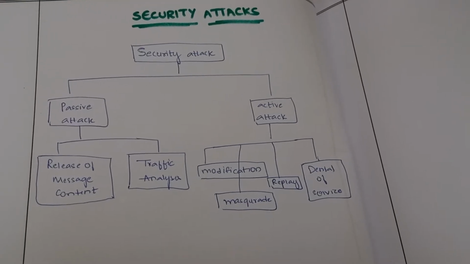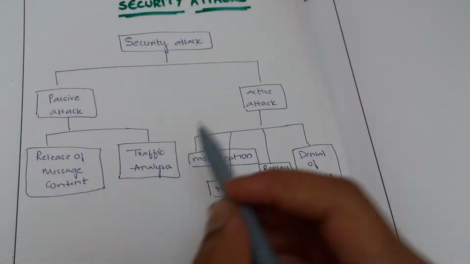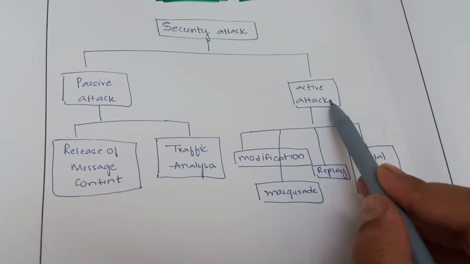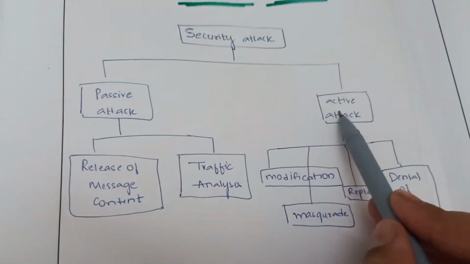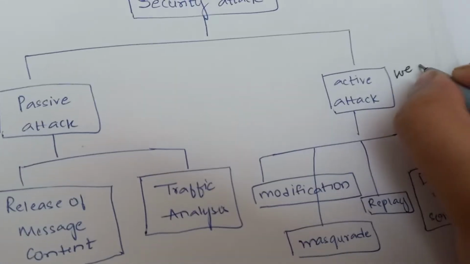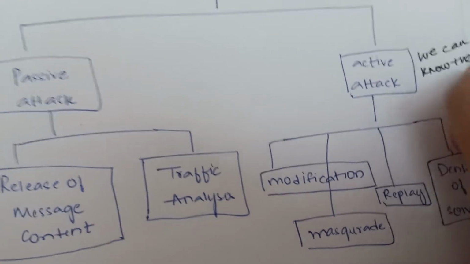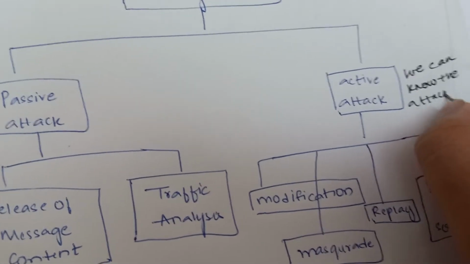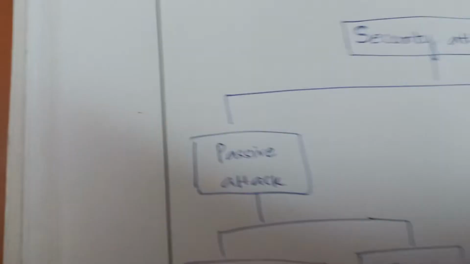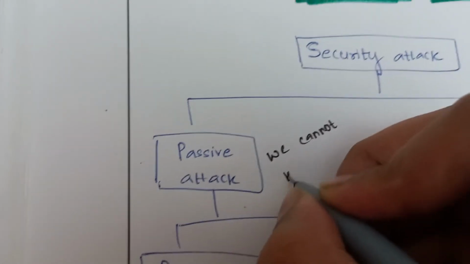Security attacks in CNS. The security attack is differentiated in two ways: one is passive attack and another is active attack. The main difference between passive and active attack is that in an active attack we can know the attack by sensing it, whereas in a passive attack we cannot know the attack.